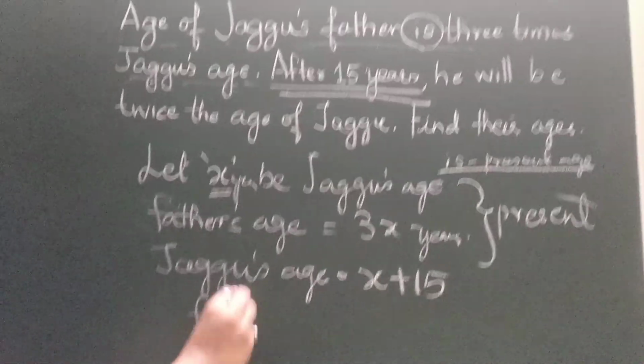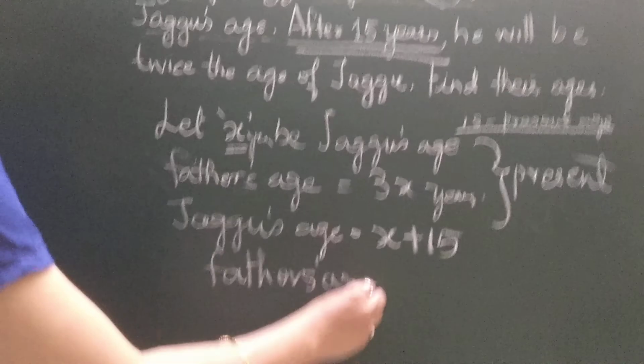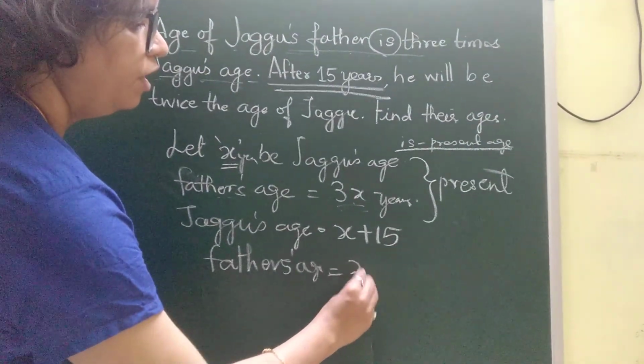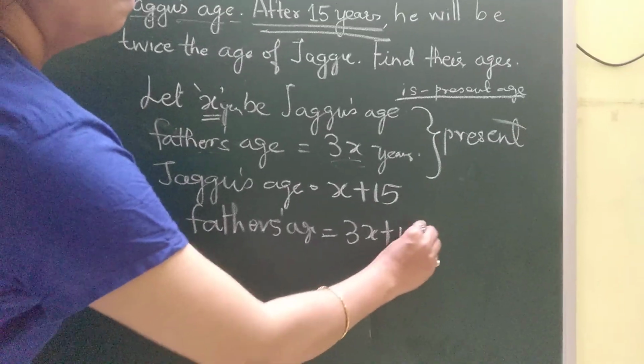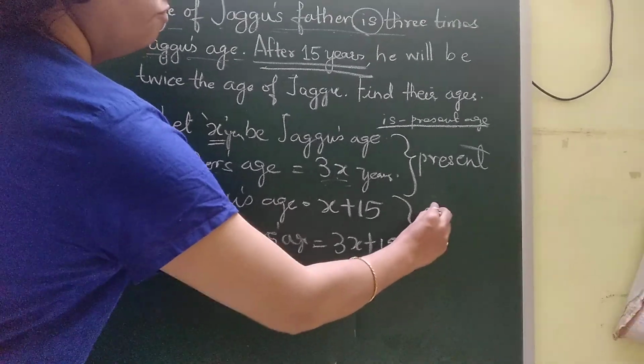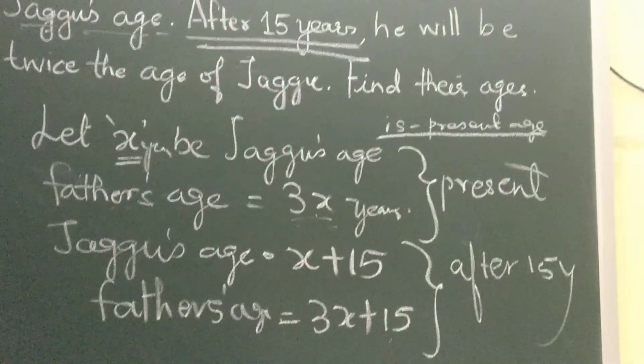And father's age will be, now father's age is 3x, so it will be 3x plus 15, because these 2 statements are for after 15 years.